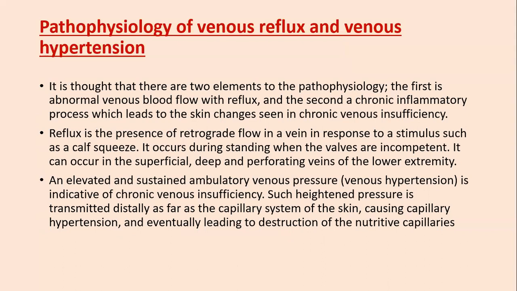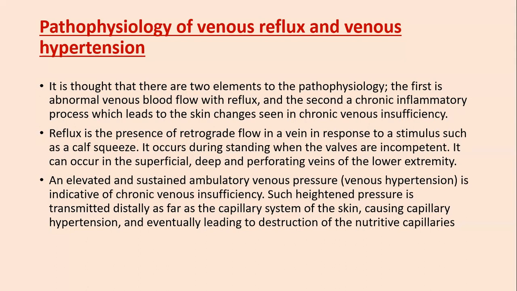Pathophysiology of venous reflux and venous hypertension. It is thought that there are two elements to the pathophysiology. The first is the abnormal venous blood flow with reflux. And the second, a chronic inflammatory process that leads to the skin changes which are seen in chronic venous insufficiency.